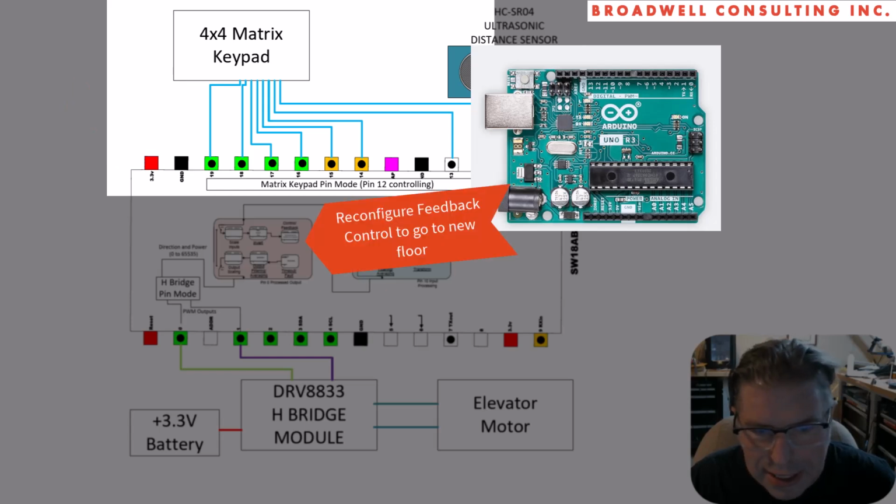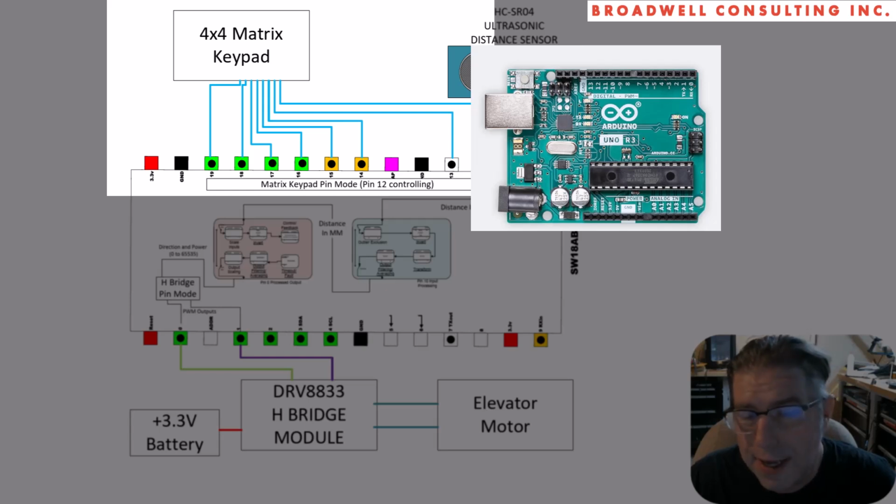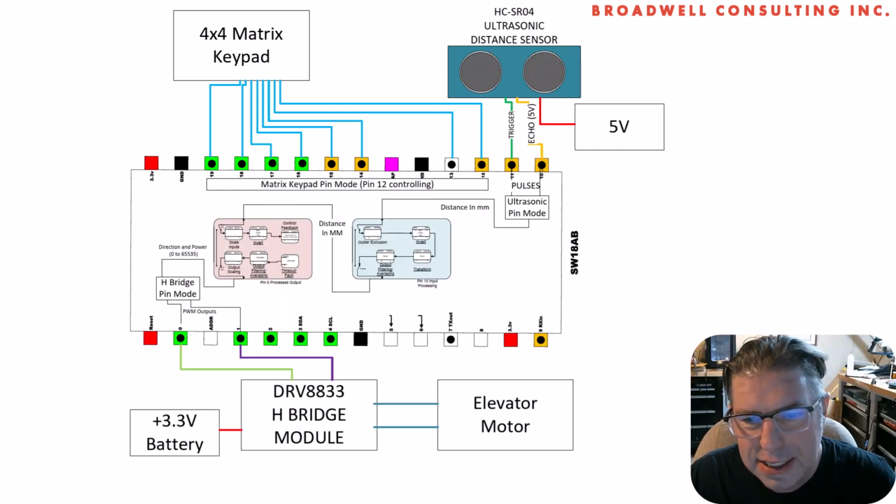So that was the configuration of our system for this project. You can find the code that goes with this in the examples under YouTube Elevator Controller in a future release of the Arduino code base that goes with version 2.1.2 of the Serial Wombat 18AB chip firmware.